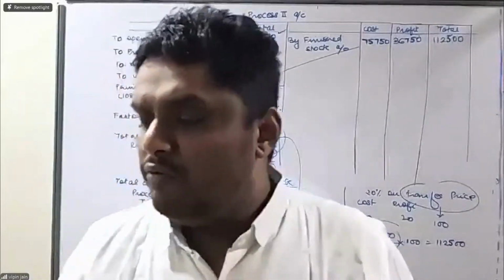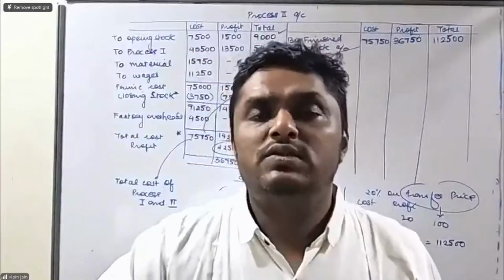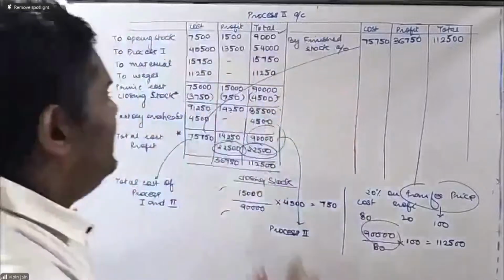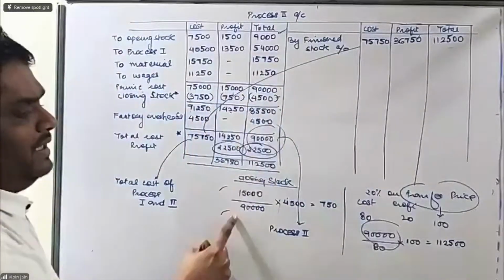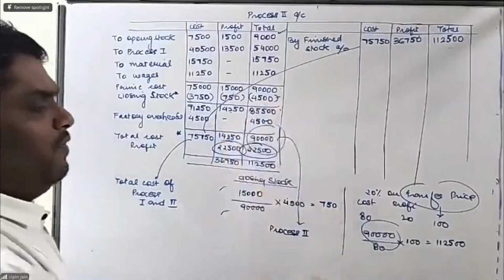Ritika Gupta, the question is clearly mentioning that the closing stock is to be valued at prime cost. So that's why we have calculated prime cost. So 15,000 is the profit on 90,000. So how much will be the profit on 4,500?